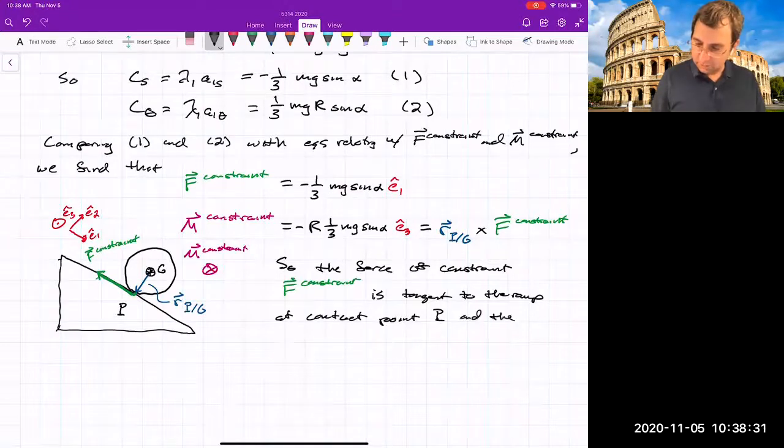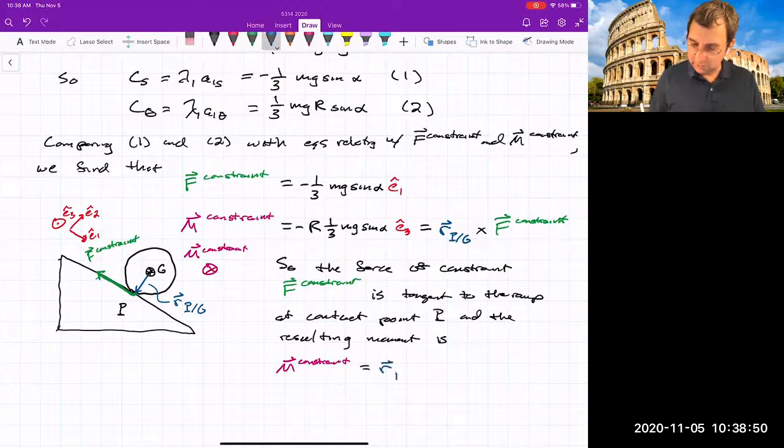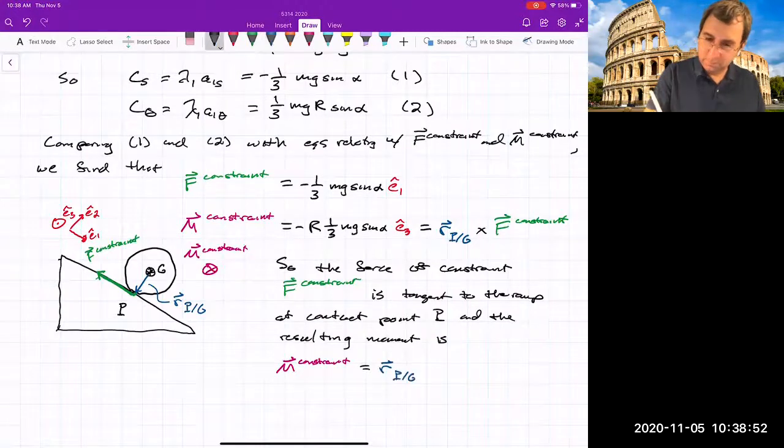And the resulting moment is the moment of constraint. Right. So they're not independent of each other. They're related to each other in what seems like a straightforward way.